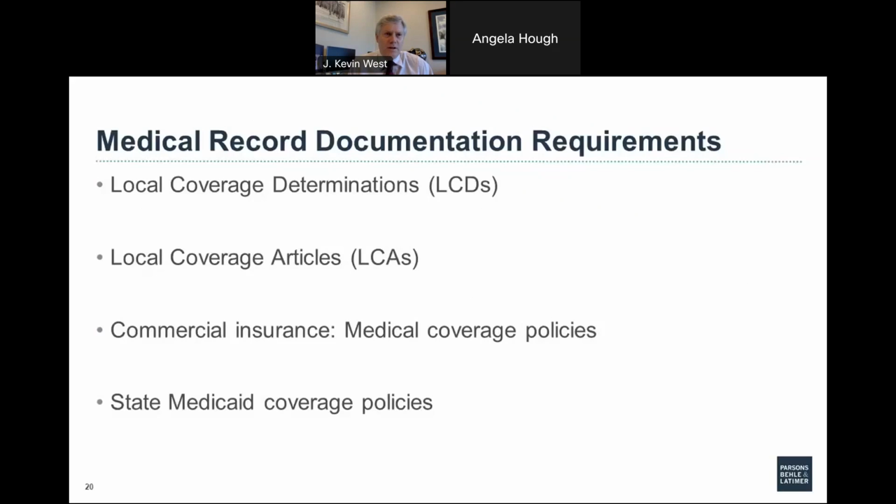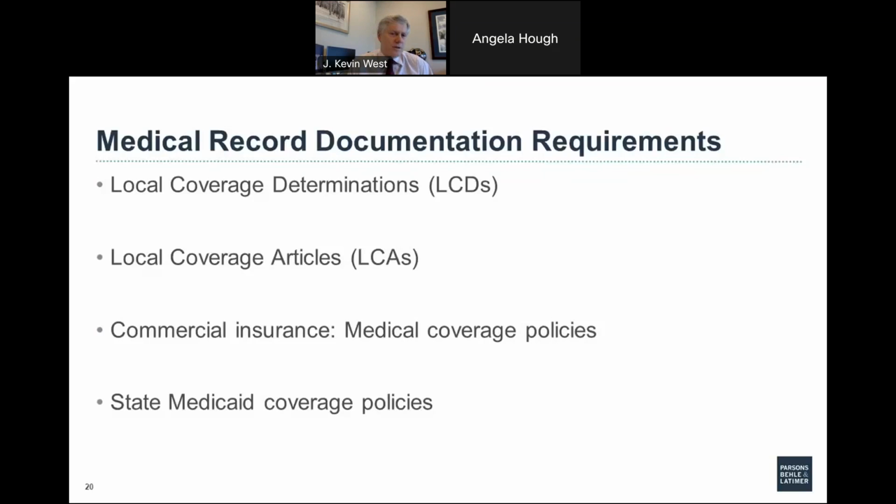These used to be called local medical review policies, or LMRPs, but about 10 to 15 years ago, the term was changed to LCD, and those are published by the Medicare contractors in the particular geographic area that they supervise, of which there are like 7 in the country.